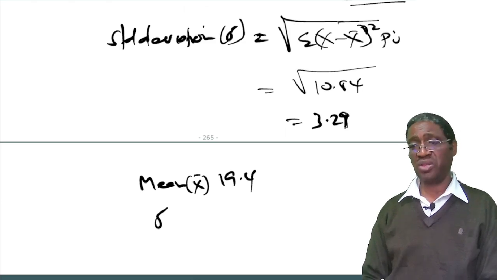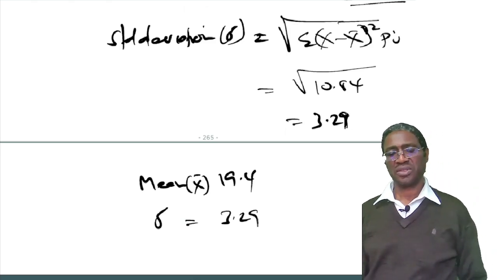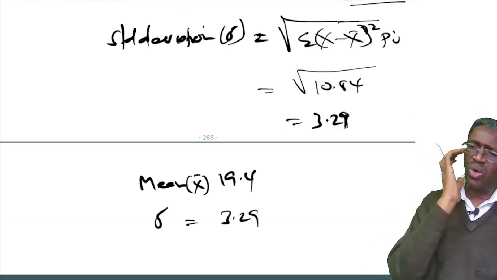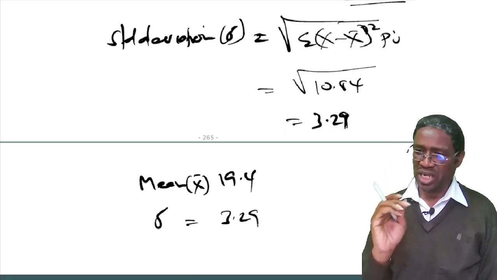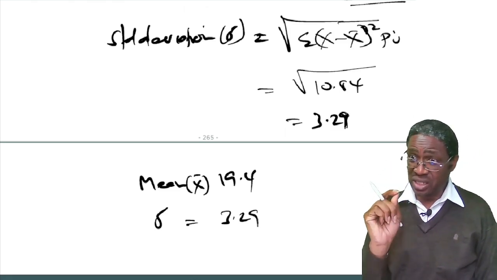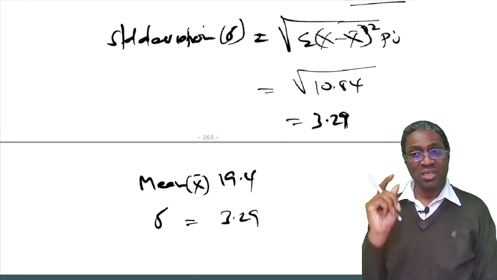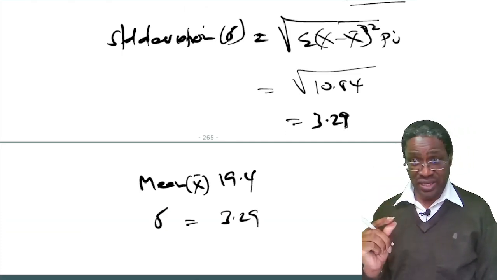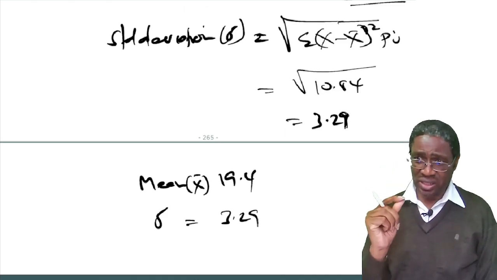Our standard deviation theta was 3.29. You may want to know what is my risk per unit. Risk is measured by standard deviation. Don't forget, we looked at the measures of risk: variance and standard deviation. So what is my risk per unit of return?